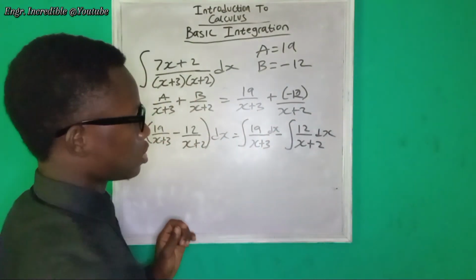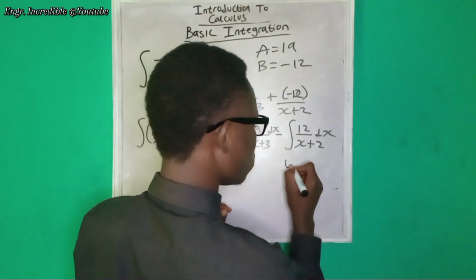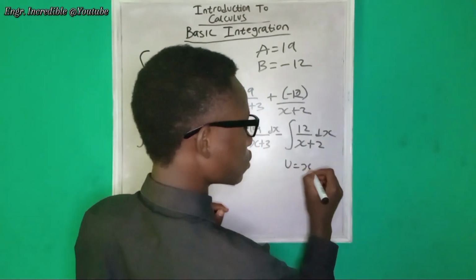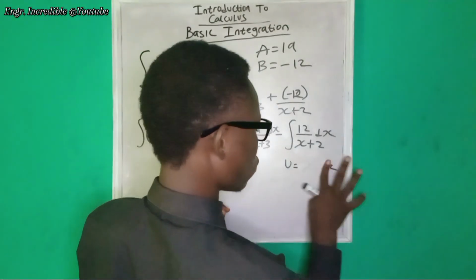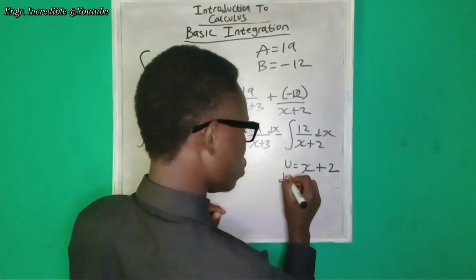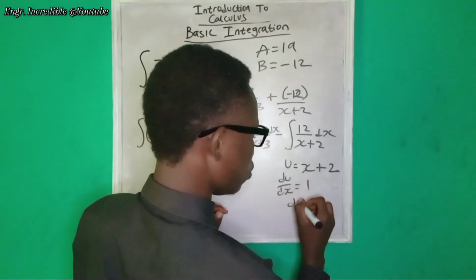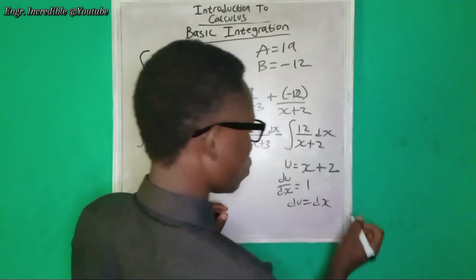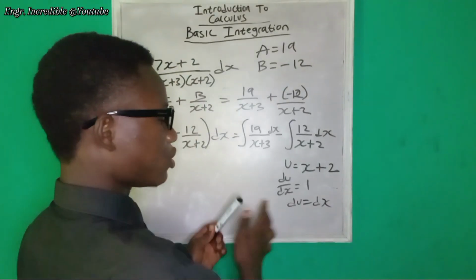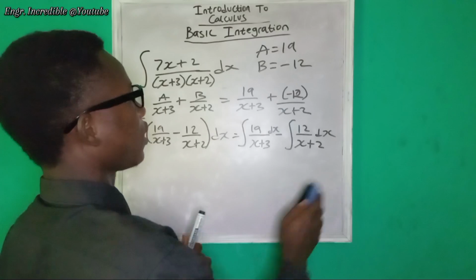So our du here is equal to dx, and for this other place, u is x plus 2, so du dx is equal to 1. That means du is equal to dx. So in this other place too, du is equal to dx. So we already have a common value there.